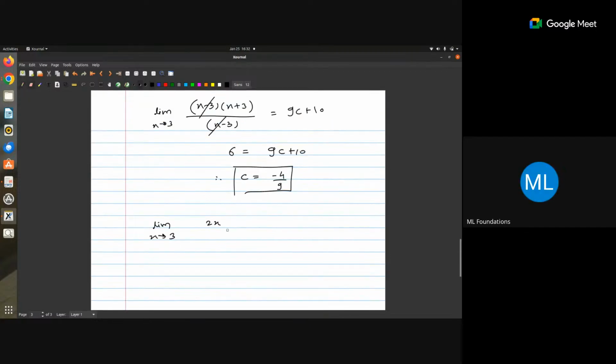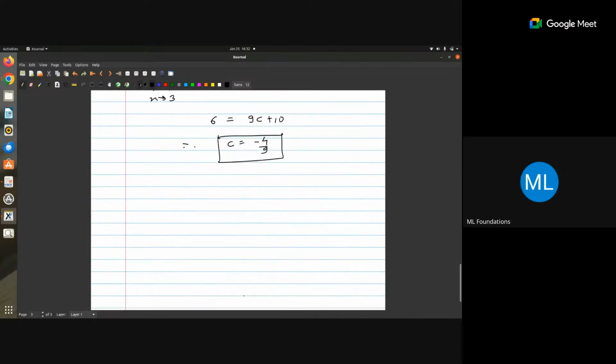That means 2x equals 9c plus 10. Now, if I plug in 3 here, 6 equals 9c plus 10, and again it gives me the same value. I hope this is clear.